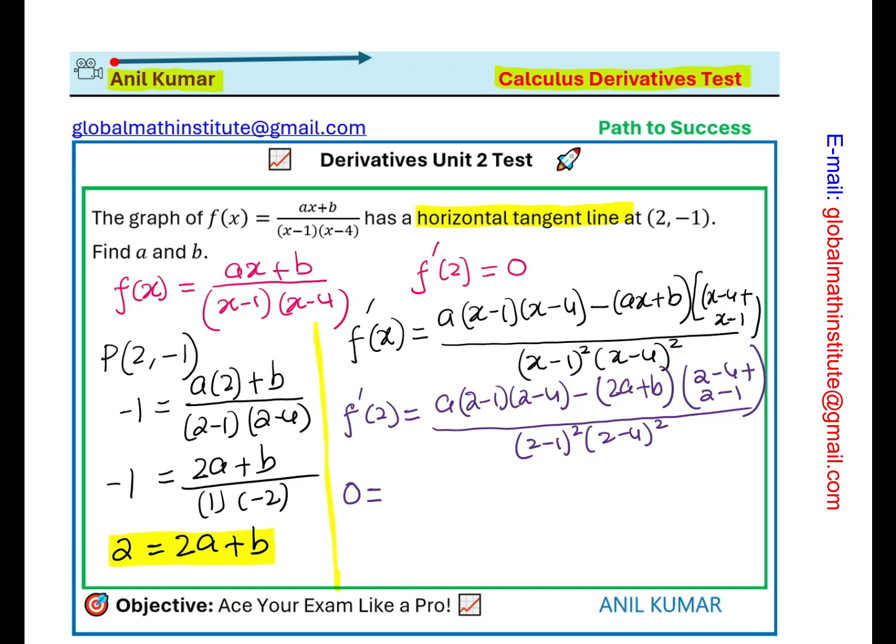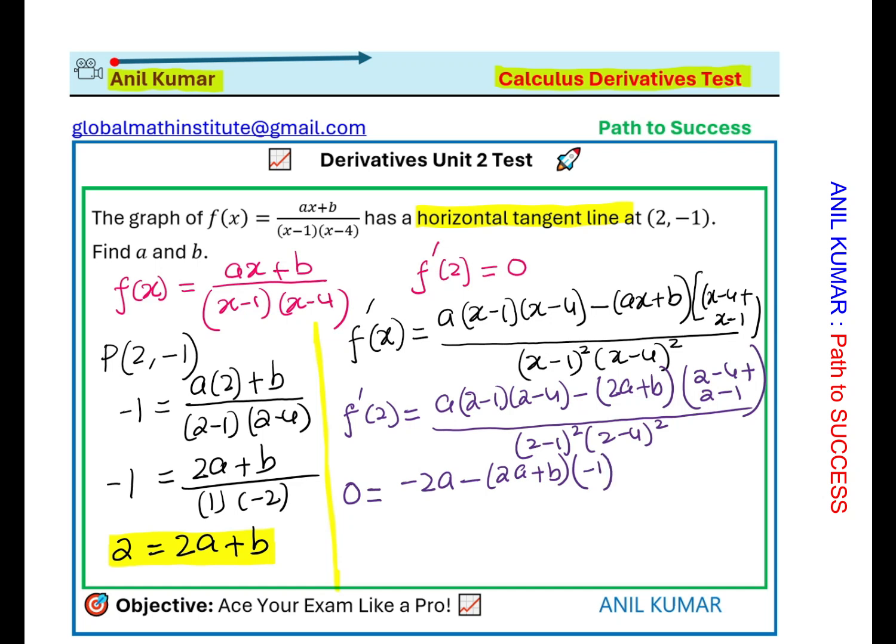So let's multiply. a times 2 minus 1 is 1, and 2 minus 4 is minus 2, so we get minus 2a, minus 2a plus b times 2 minus 4 plus 2 minus 1. That gives 4 minus 4 minus 1, which is minus 1.